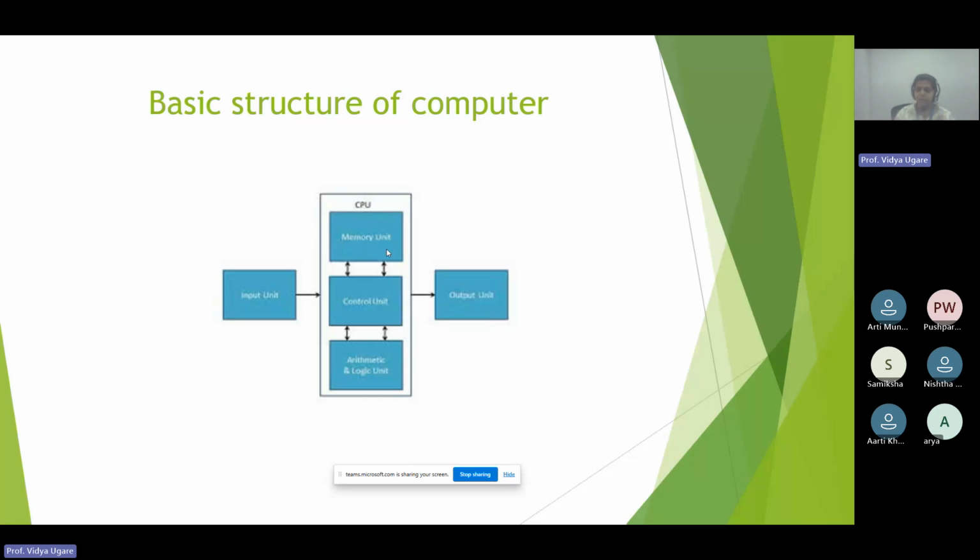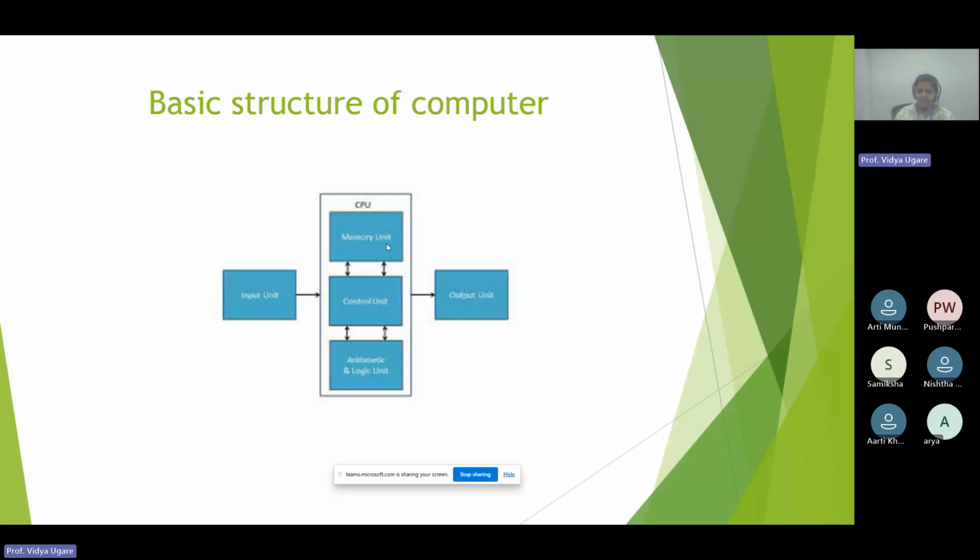They are not outside of your processor. To access the instructions, to execute the instruction, or to temporarily hold the instruction, these registers and cache memory help the processor.